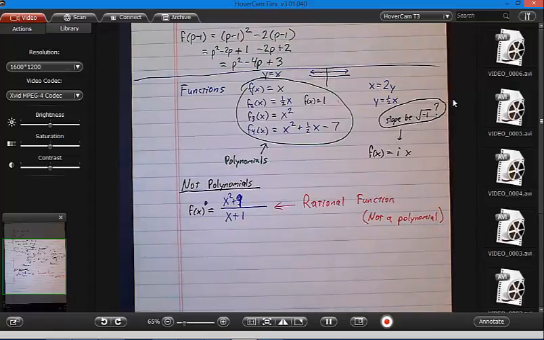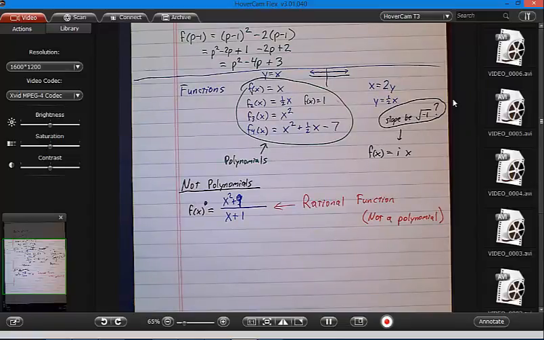Deep down inside, there's a mad slasher that wants to say they can cancel the x's, but you can't because of the plus signs. This is a different kind of function that we're going to be studying quite a bit, because it's one of the first examples we come up with that is not a polynomial. If you divide two polynomials, you don't always get a polynomial. You get something else.